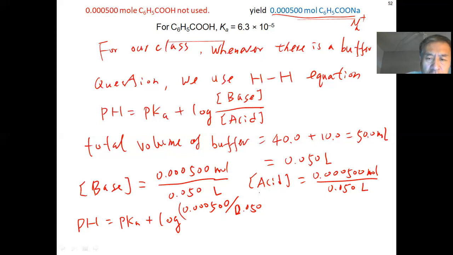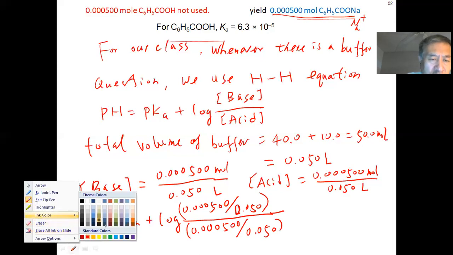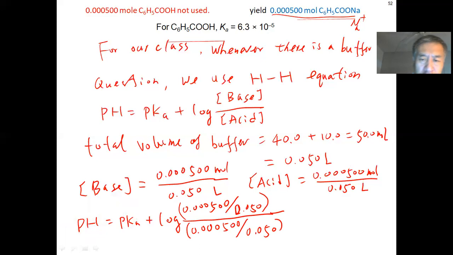Okay, so this is the molarity of the base. In this problem, they all have the same number. So for the acid, it's 0.000500, also divided by 0.050. What I want to say, to save some time in the calculation, is this volume comes out.